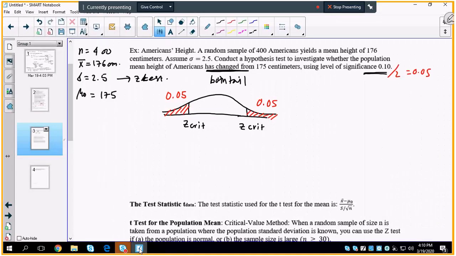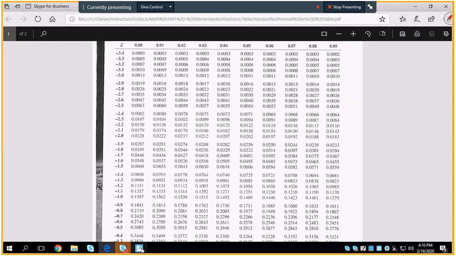So you wanted 0.05. You did not get it, rather you got 0.0505 and 0.0495. We want both z-scores, and these z-scores are negative 1.6, and then 4 and 5.